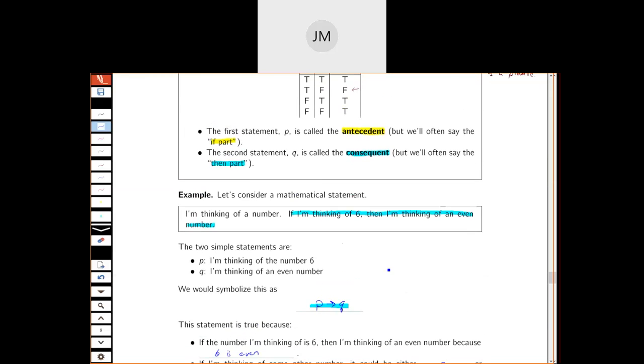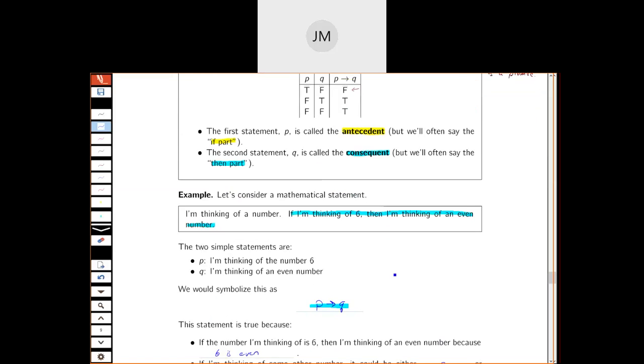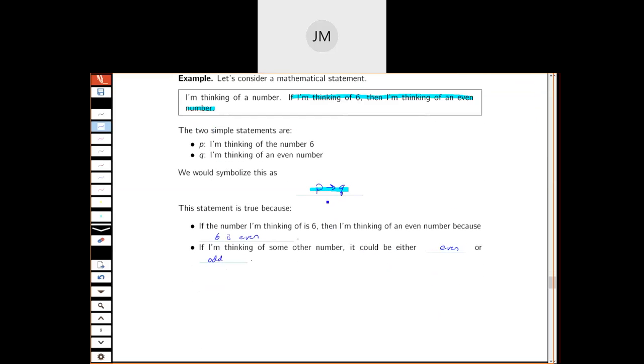Okay, so remember the way that we said that a conditional is true, it's really only false if your antecedent, the if part, is true and the then part is false. The if part is I'm thinking of the number 6. If that's true, then I'm definitely thinking of an even number. So I can't really have the situation where the if part is true and the then part is false.